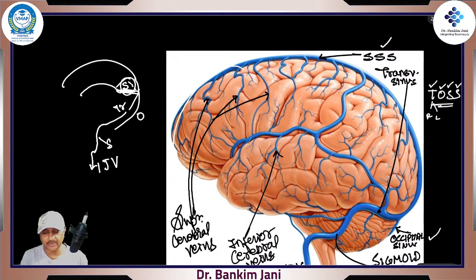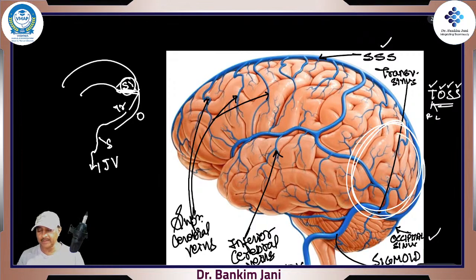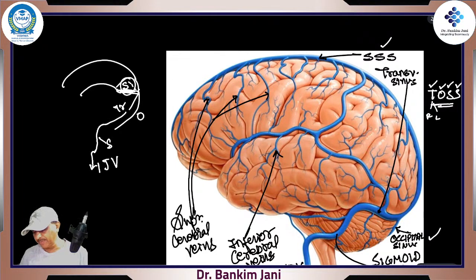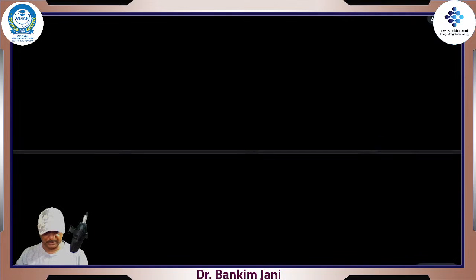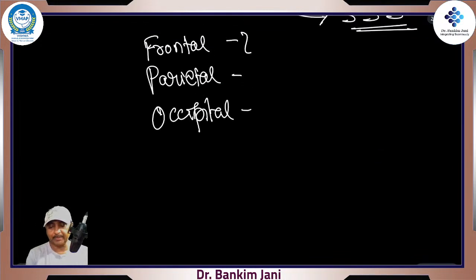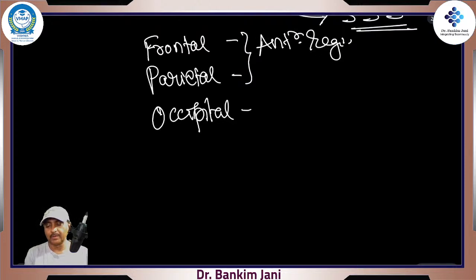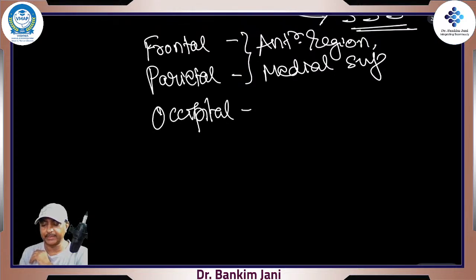Similarly for the parietal, this part will be taken care of, then this part. But when it comes to the posterior part, there is no anterior portion of the occipital lobe. So in the occipital lobe, it will take care of the posterior part and obviously the medial part. So things to watch out for: in frontal and parietal, it will take care of the anterior region and the medial region, the anterior surface.